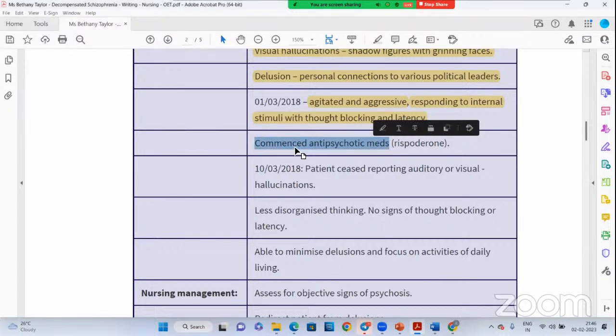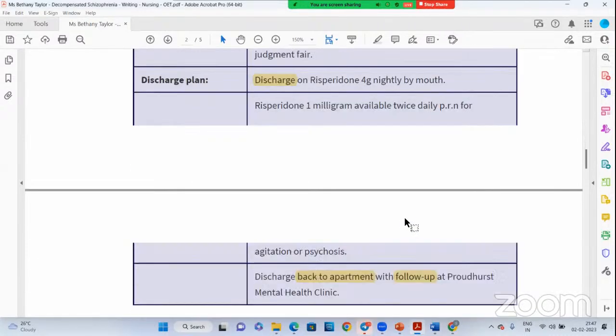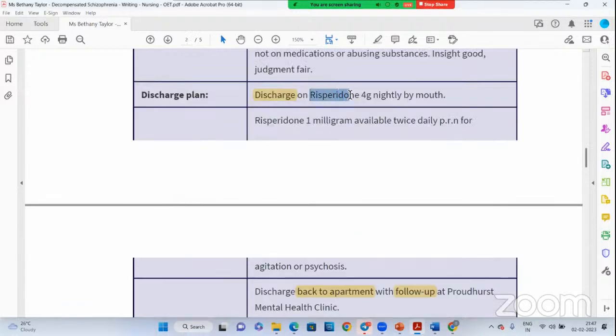So this admission finished. After admission, that means this is all during hospitalization. So commenced on antipsychotic medications, risperidone. Risperidone, spelling mistake. You can see here, this is the correct spelling. Risperidone.